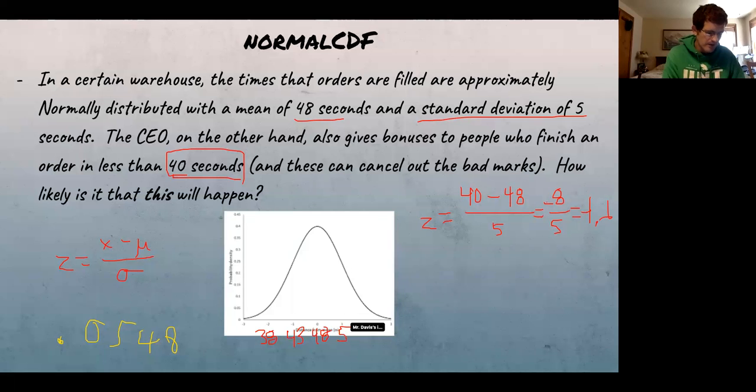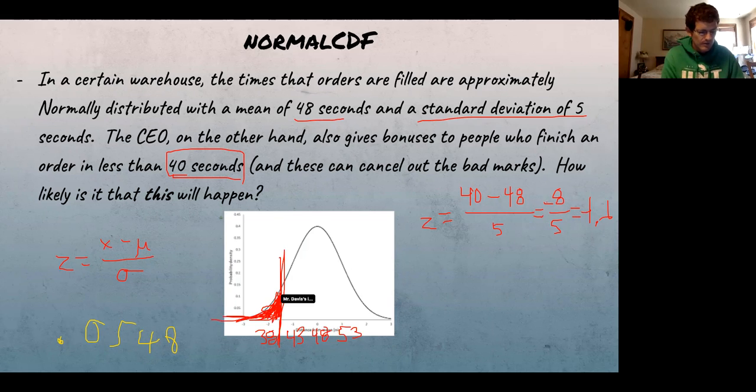And anyways, 40 seconds is going to live about right here. And again, it's that negative 1.6 z-score. So less than that would be this side of that z-score. So I want to get this area under the curve. And that's what normal CDF will calculate for us.